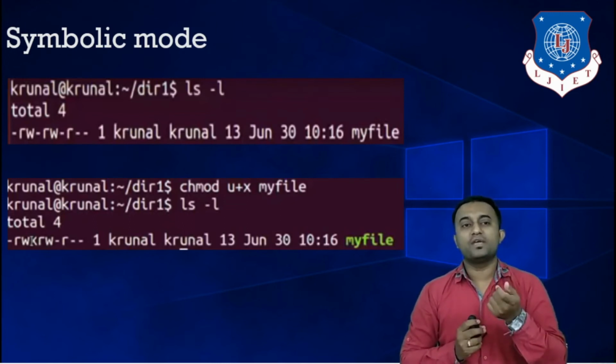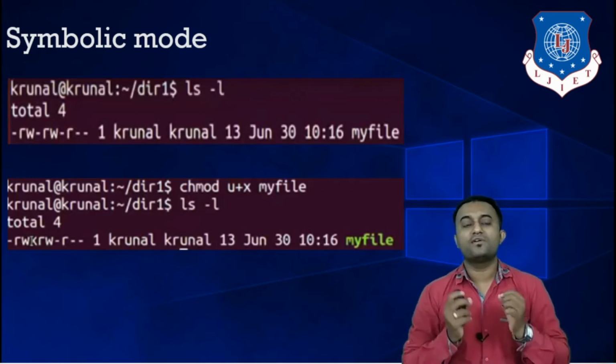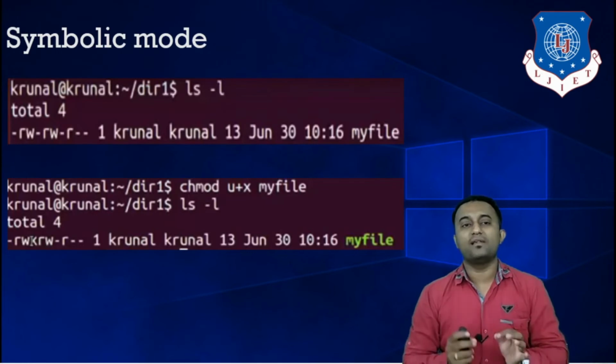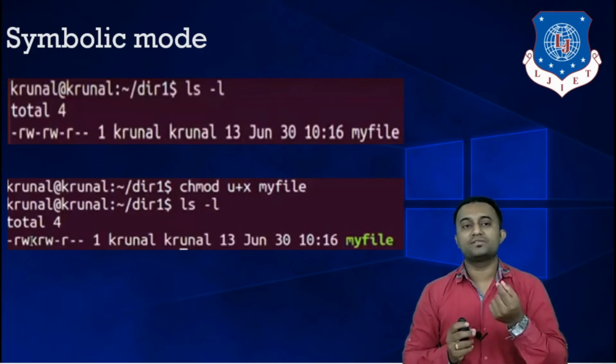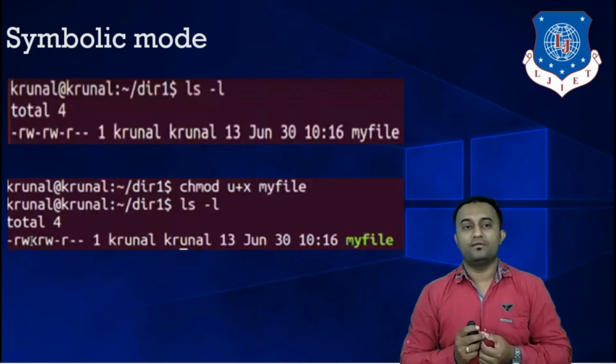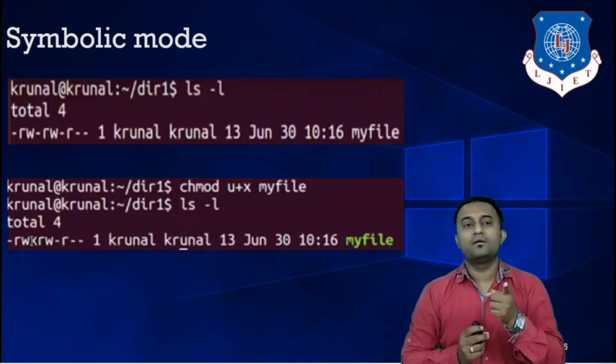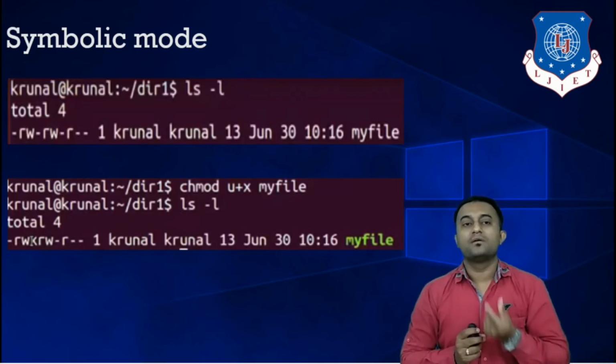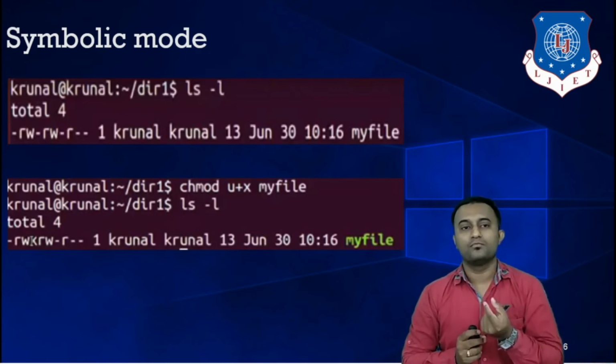And when you find D instead of a hyphen as the first letter, that is a directory. Right now we have only one file in this particular directory, so it is displayed as a hyphen. Then the second, third and fourth characters represent one group of permission, and that group would be considered the user group, or the owner group.